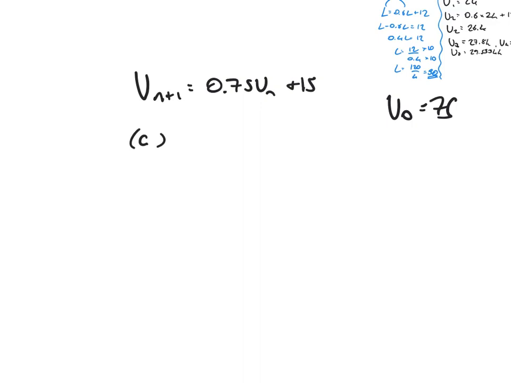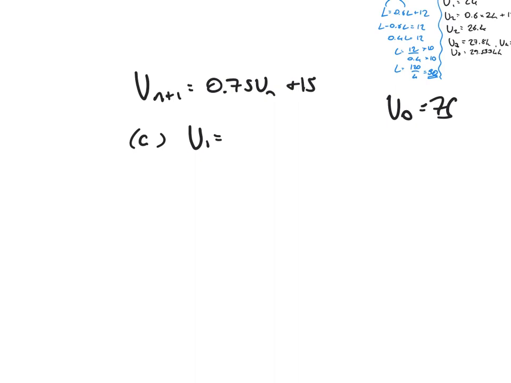Okay, let's try another example. A sequence is defined by the recurrence relation u_(n+1) = 0.75 u_n + 15. u0 is given by 75. Part A says calculate u2.